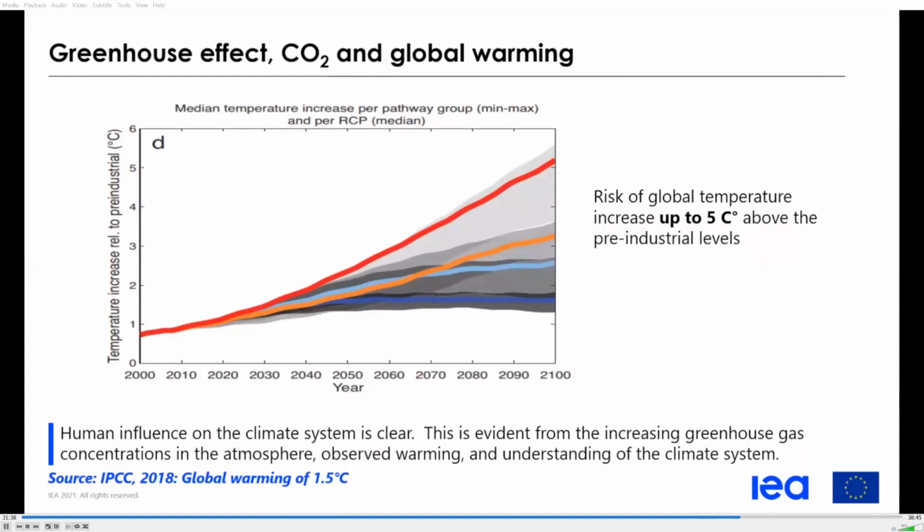There's currently a strong scientific consensus globally regarding the role of emissions caused by anthropogenic activities in increasing global mean temperature. According to the IPCC special report on 1.5 degrees C, global temperature increase by the end of the century is likely to reach up to 5 degrees C above the pre-industrial levels if the current policy trends continue and no significant action is taken.